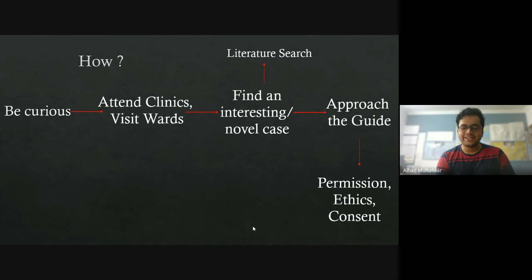Once you get this out of the way, then you start working. When I say start working, you have to start from scratch. Now comes the really hard work, where you have to go through the files of the patient. You need to be very thorough with the patient, with the case.